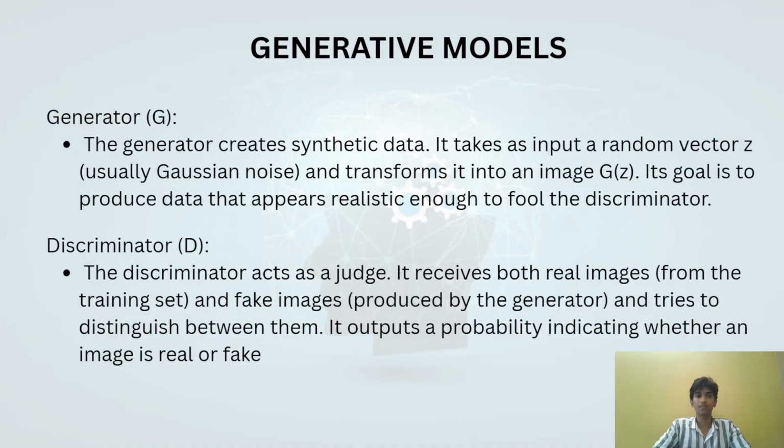Why? Because the discriminator is what decides whether or not the final output is a real image. It receives both real images from the training set and the fake images produced by the generator, and it tries to distinguish between them. It outputs a probability indicating whether the image is a real image, or some kind of image which does not actually resemble a real face image.